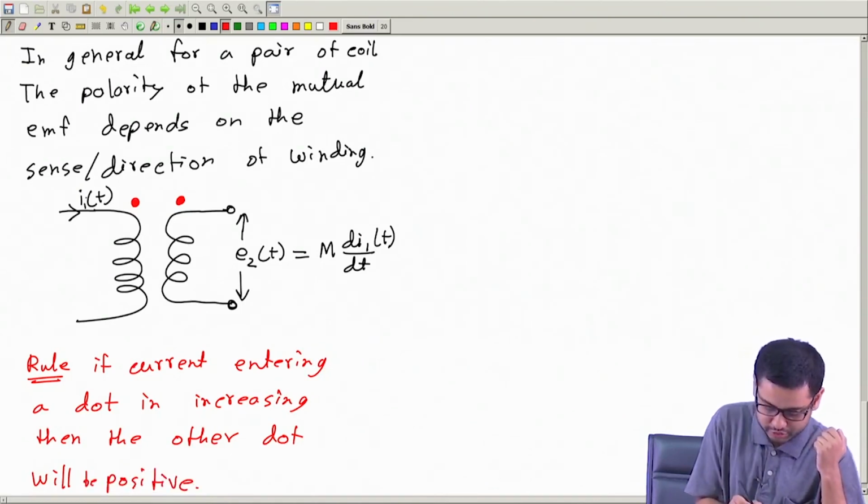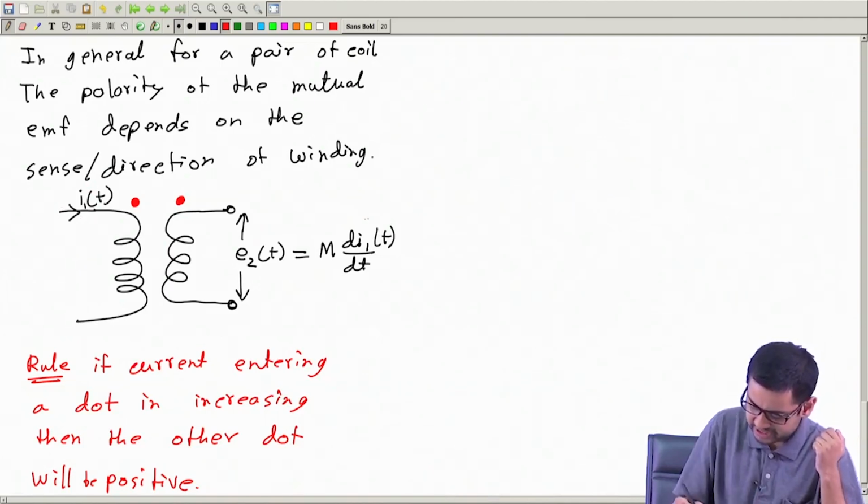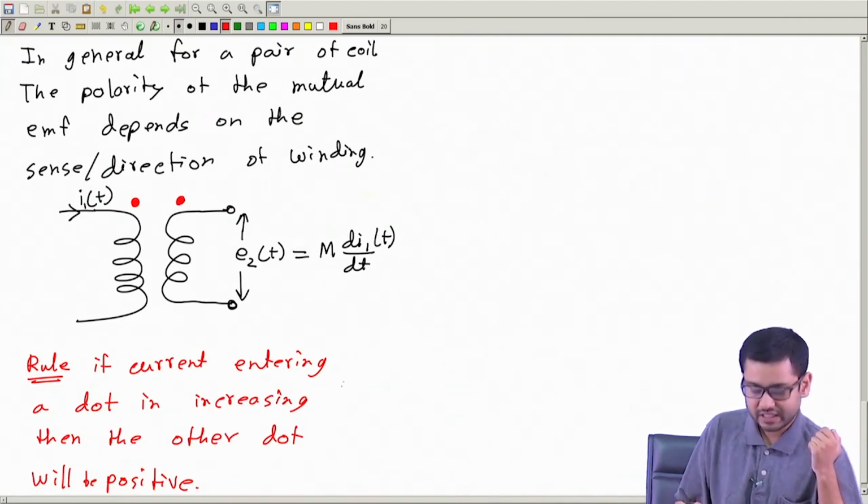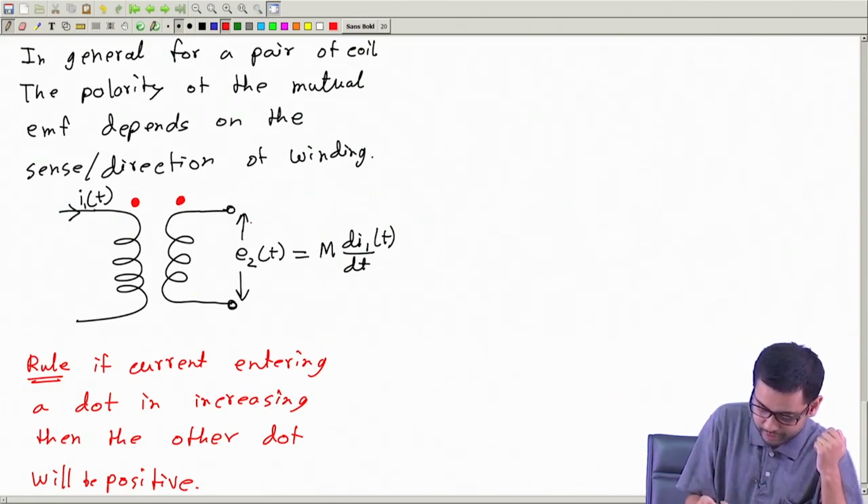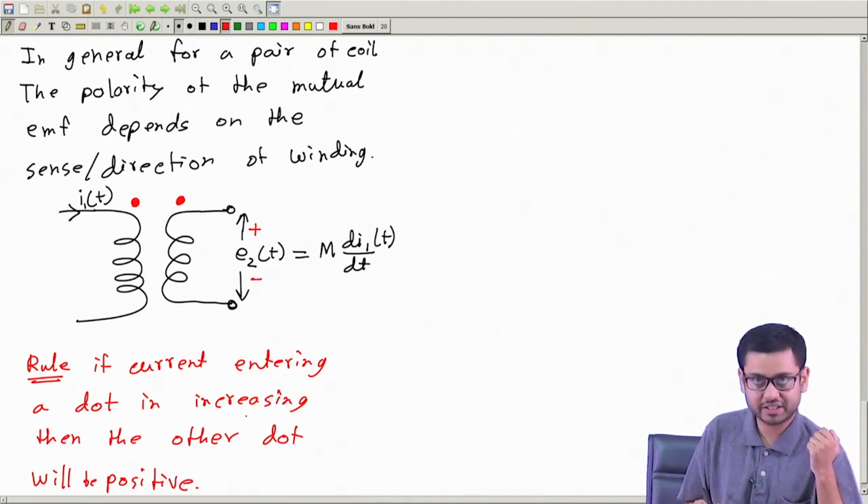Okay. So now you see this current is from left to right, and say this is increasing. So that means this value is positive. Then the EMF will be such that this side is plus, this side is minus.